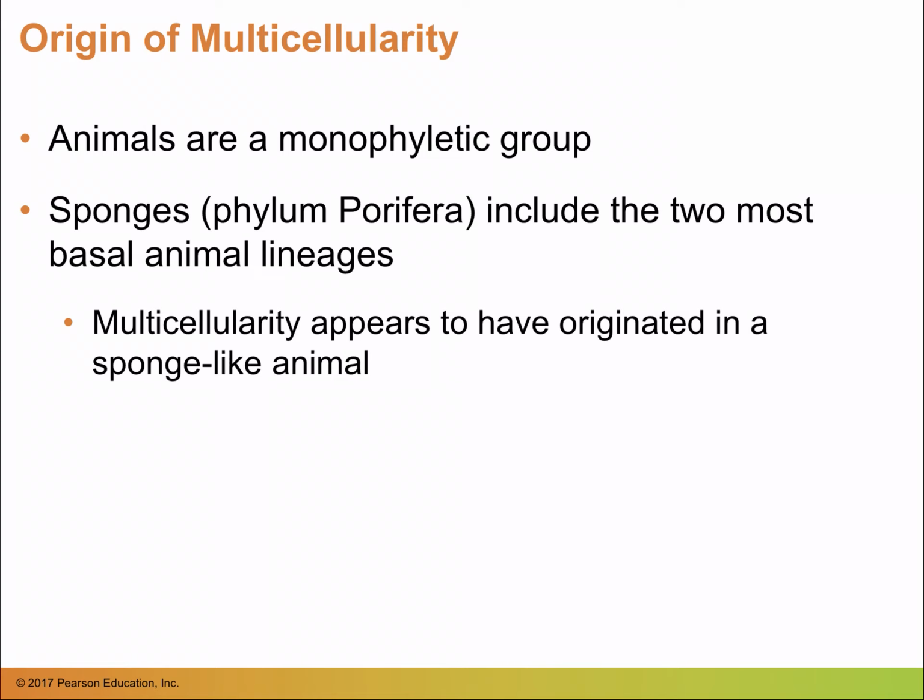And there's lots of fossil evidence to show that. We find the earliest animals, 700 or so million years ago, being the sponges. And also, there's information from the geochemical evidence in the rocks to show that sponges were the first animals to have been multicellular.